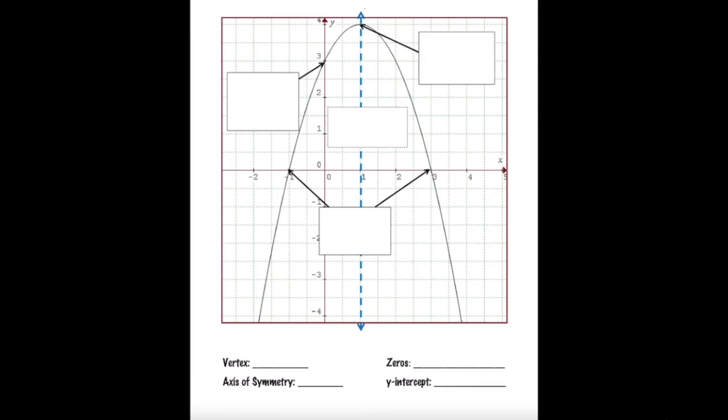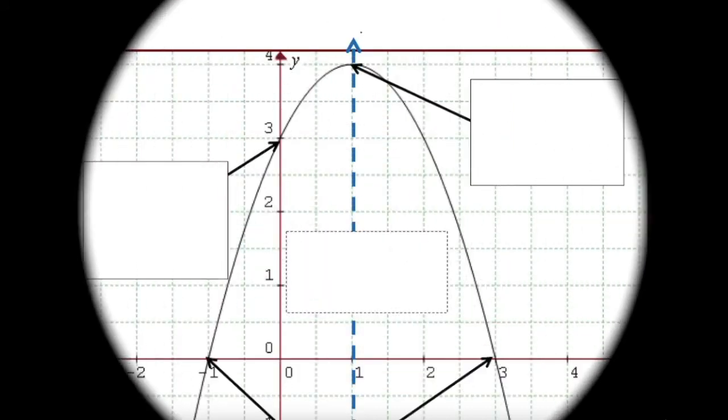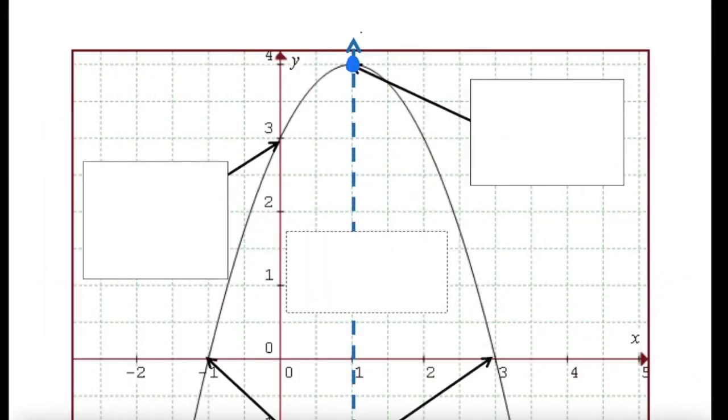Here we have a parabola that is reflected, meaning instead of going up like a U, this is going down like a rainbow or an upside down U. But just as in the previous example, we can still label all of the different parts. Let's start by labeling the vertex. So here's our vertex where the parabola changes direction.